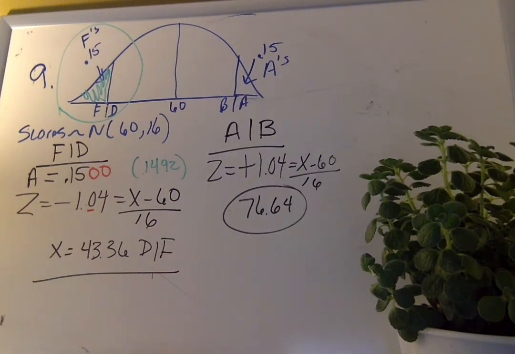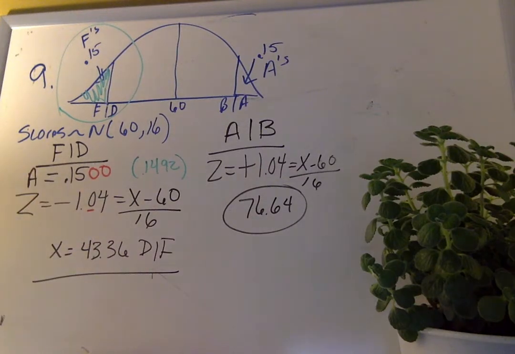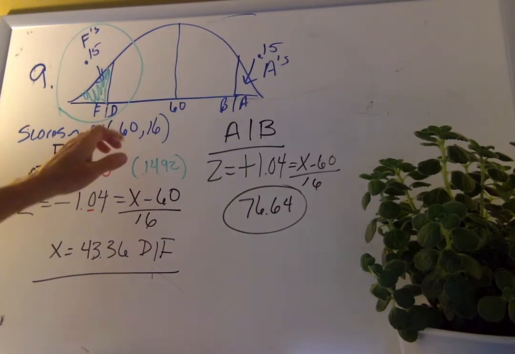Usually some students, after they do this problem, send me an email because some students catch that there's actually another way to do the problem and they want to make sure it's okay. So I just want to say this real quick, just for that probably 10% of students who are truly understanding every little nuance of this problem. I personally like to talk about the symmetry with the z-scores.